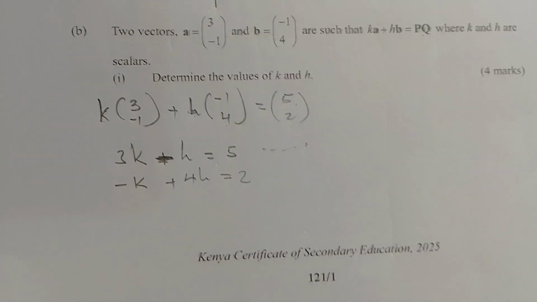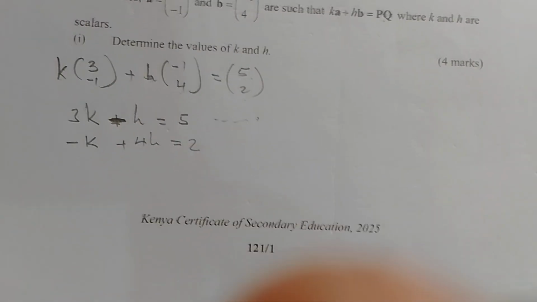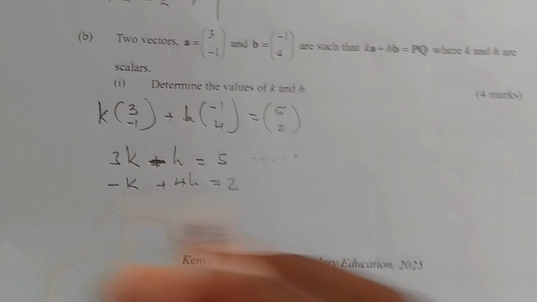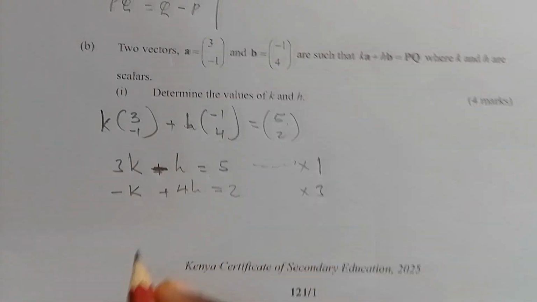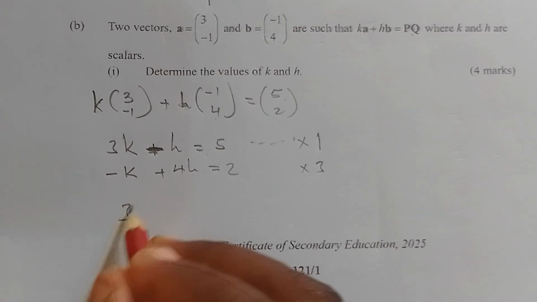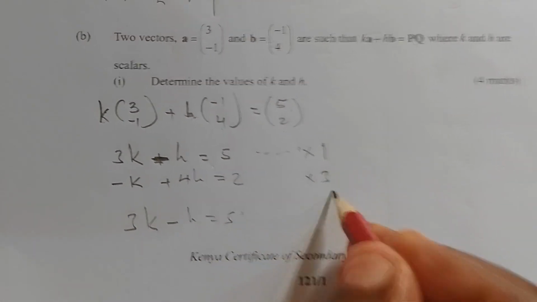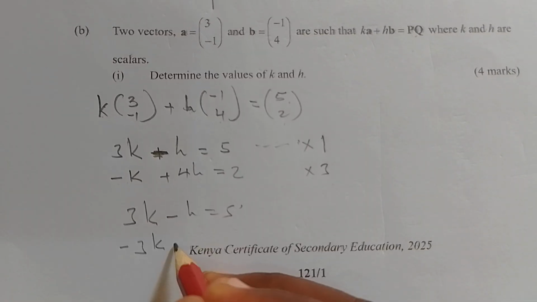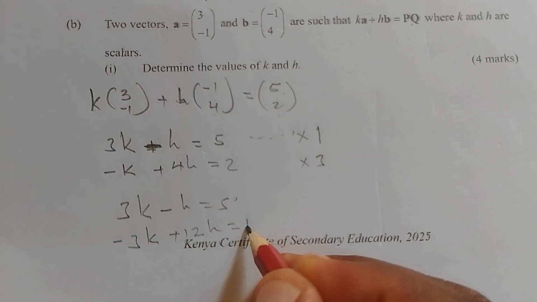So I just need to use the elimination method here. I can decide to eliminate K by multiplying the first one by 1 and the second one by 3, so that I have 3K minus H equals 5, and then minus 3K plus 12H equals 6.